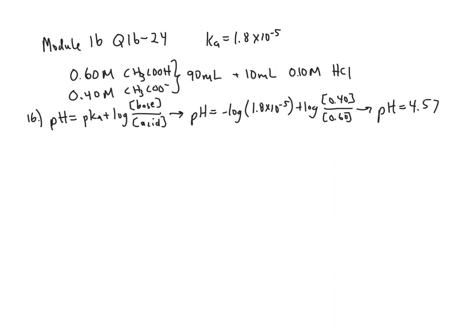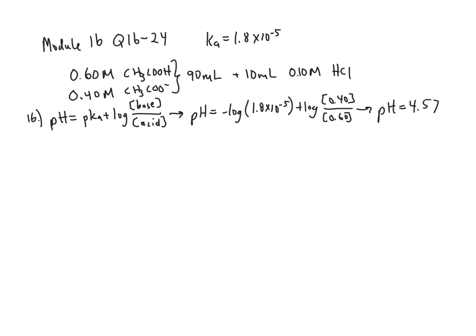It should be more acidic because we're adding an acid to this buffer. The buffer that's composed of acetic acid and sodium acetate, once we add the HCl, it's going to react with the conjugate base. It's going to react with the sodium acetate. And that's question 17. So we're going to react with the acetate ion when we add this to the buffer. Next, we're asked to find out how many moles of each of these we're adding.